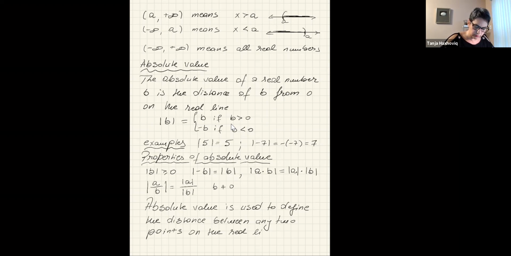What do I mean by that? Here's the definition. D stands for distance. We're saying that the distance between point A to point B. So this does not now indicate an open interval because I have the letter D in front of it.